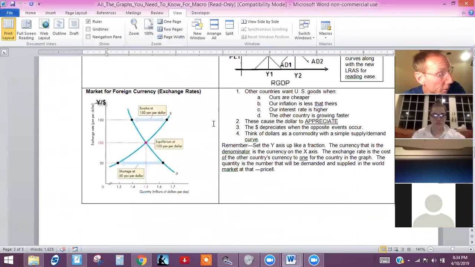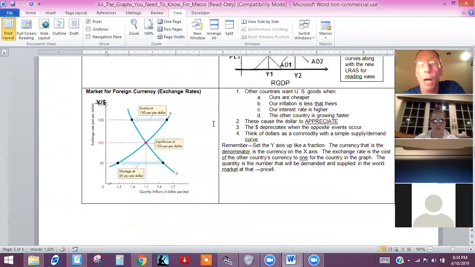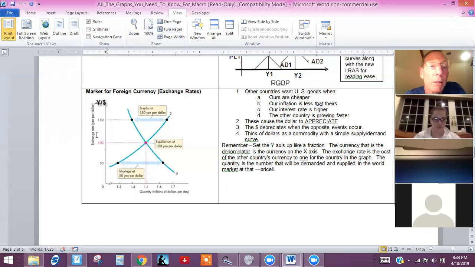Just like the supply and the demand of any product, this is the supply and demand of currencies. In this case right here, it's dollars and yen, right? So small, I can't read it. Yen, yeah. And so that's all that is.